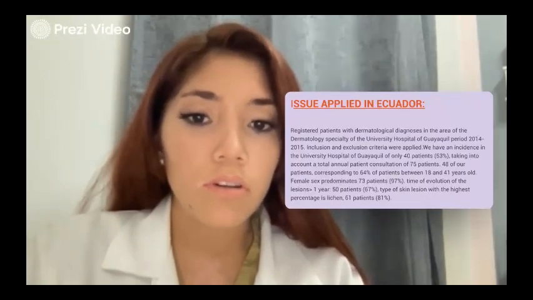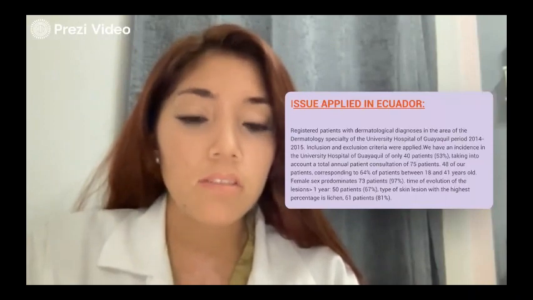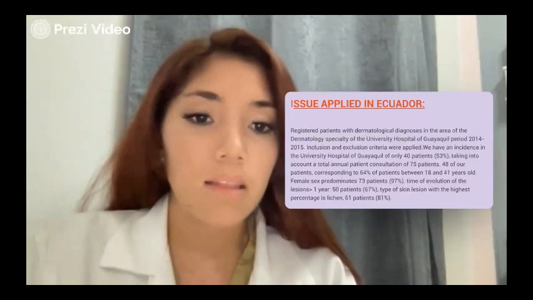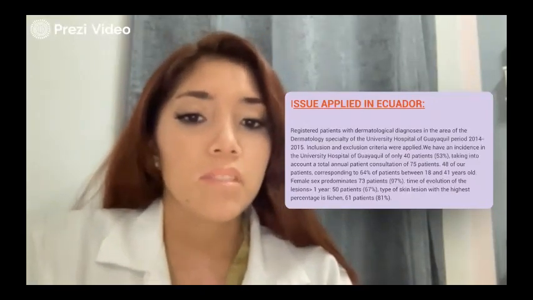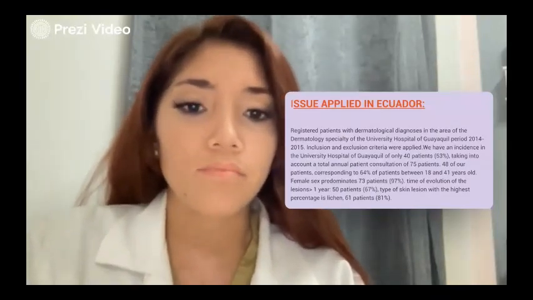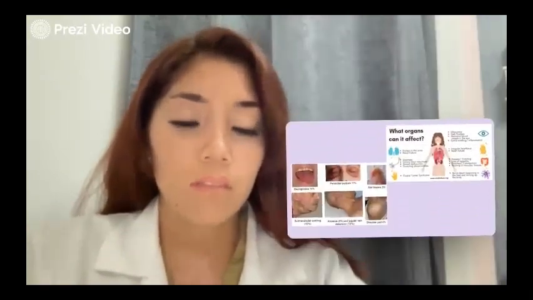Time of evolution of lesions less than 1 year, 50 patients, 67%. The type of skin lesion with the highest percentage is lesion, 61 patients, which is 81%.